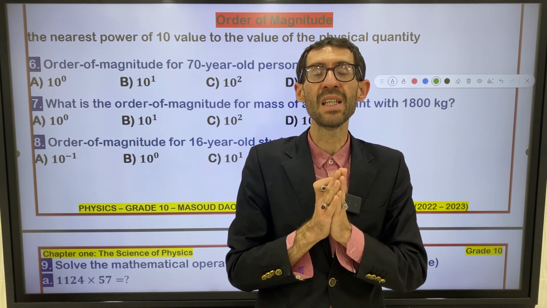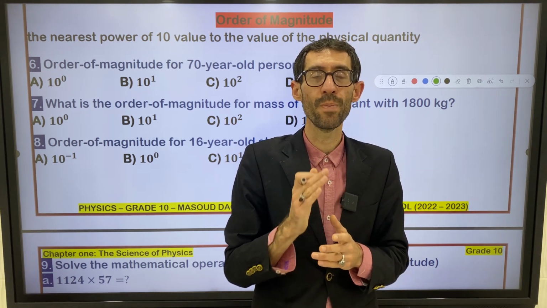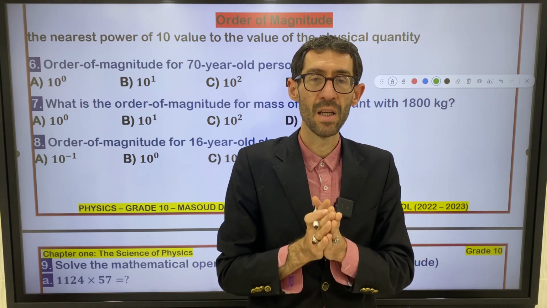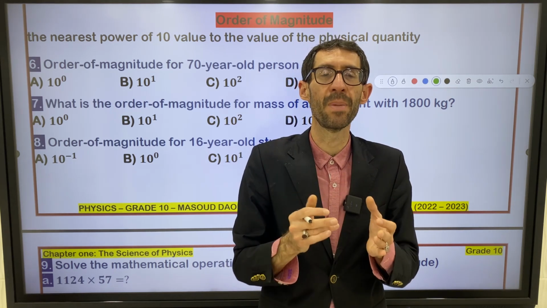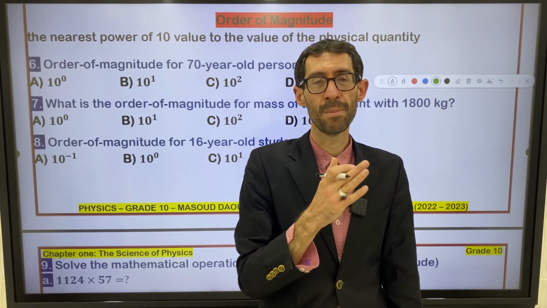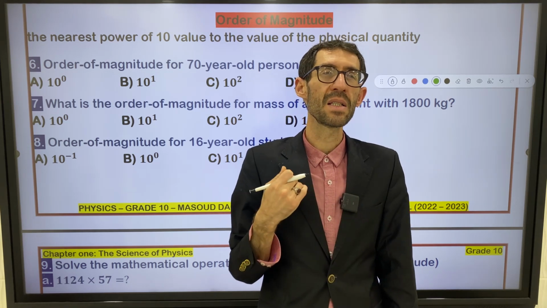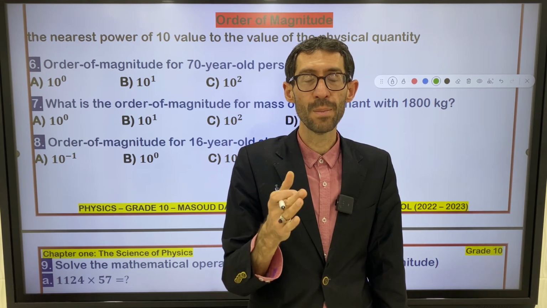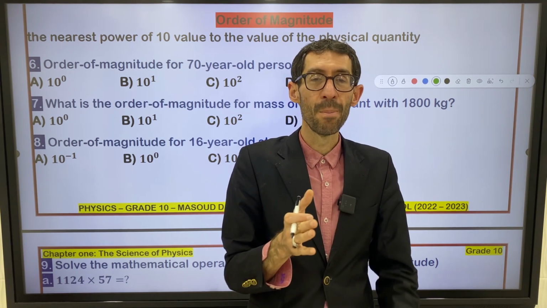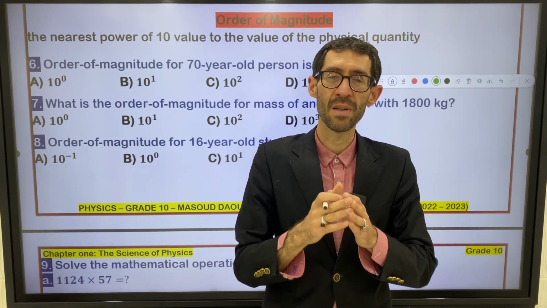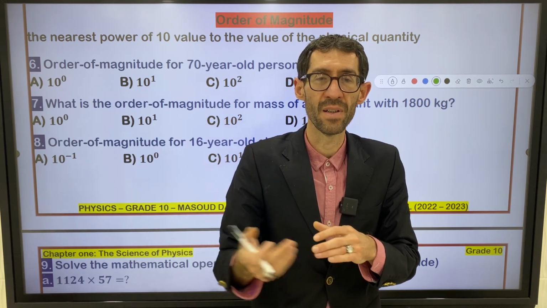And by the way, any number lies between two numbers, between two powers of 10. Any number, think about any number. This number is located between two powers of 10. For example, say 4. Think about 4. 4 is located between two powers of 10, but it's closest to the 1, and it's a little bit farther than the other.